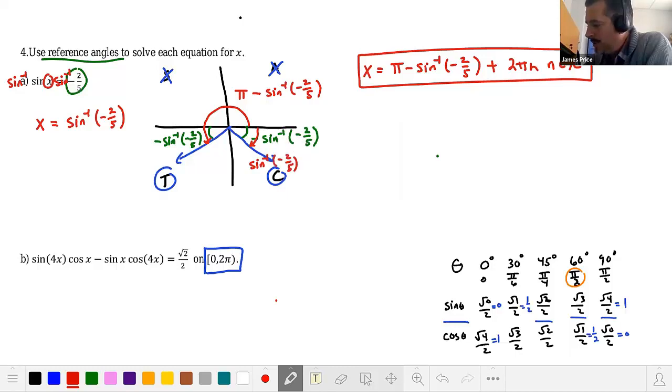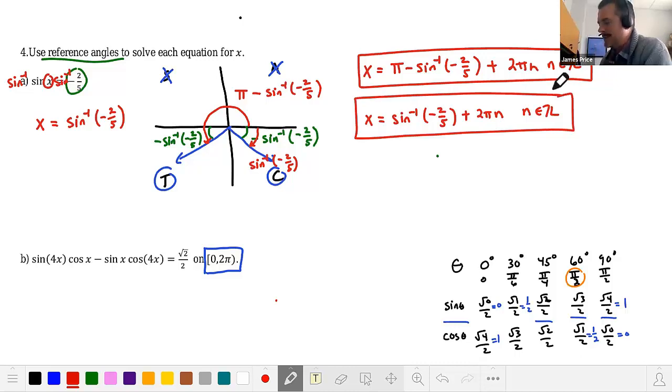And so my second answer will be x equals sine inverse of negative 2/5, and I can just add 2 pi n into it. Again, you can wrap all the way around and get back to another answer. N is an integer because it doesn't matter which way you wrap around, clockwise or counterclockwise, you still get another answer at that angle. And so you have two sets of angles there.